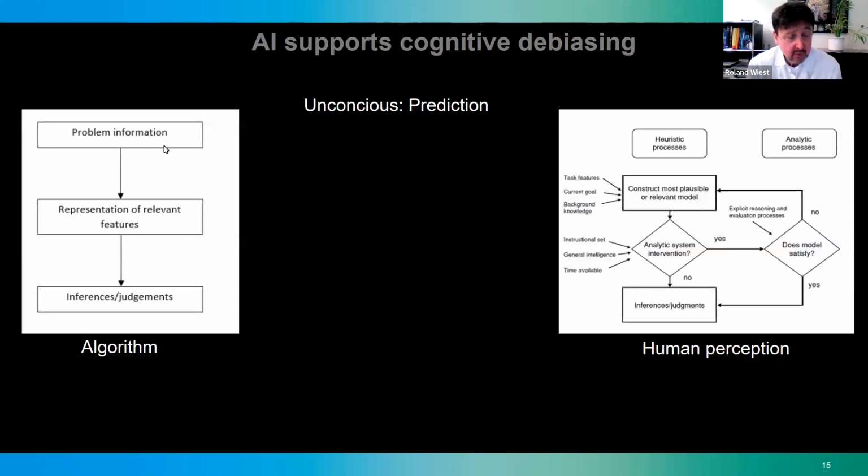Usually, if you use an algorithm, you first formulate a medical problem, then the algorithm is trained to depict the relevant features, and then at the end it comes out with inferences. We as humans use two different ways of thinking. The first one uses what's called heuristics, which is simply a shortcut from something that you have learned during your training. Or you have the ability to go into analytic processes, that means to actively reason about your decision.